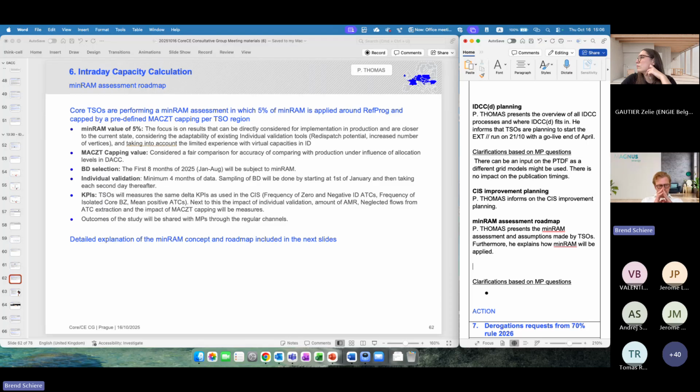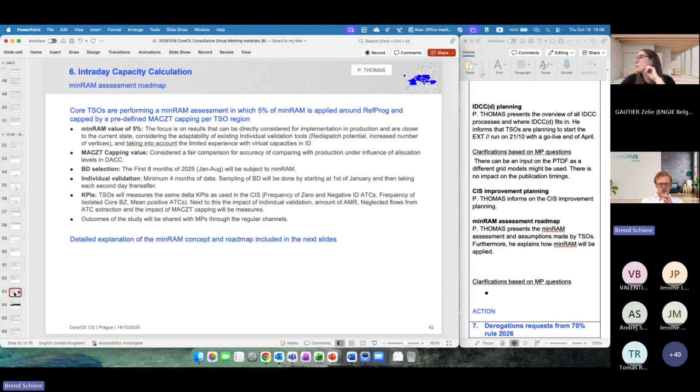This is also the reason why the reference point is no longer the zero balance situation without any market exchanges, but the situation that we call RefProg, which is basically all previous market situations. I think it's easier to understand the principle on the next slide.